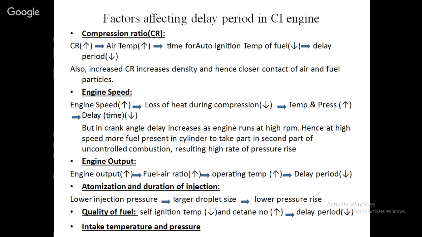So it is very obvious that in a large compression ratio engine, the temperature of the air while we send the fuel is more compared to the engine which has less compression ratio. And due to this high temperature, the time taken by the fuel to reach its auto ignition temperature decreases, and that is why the delay period is decreasing.